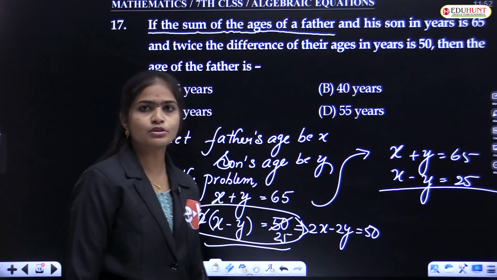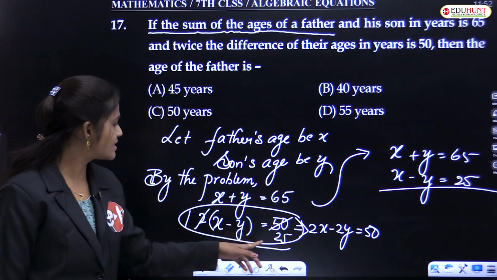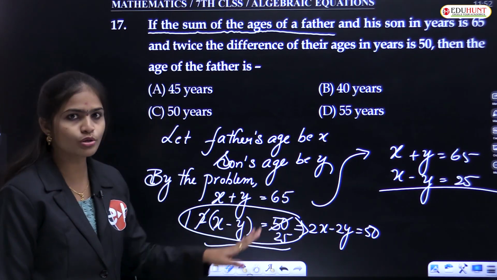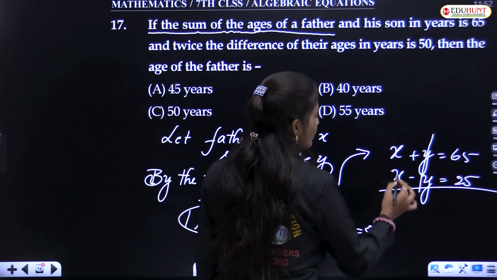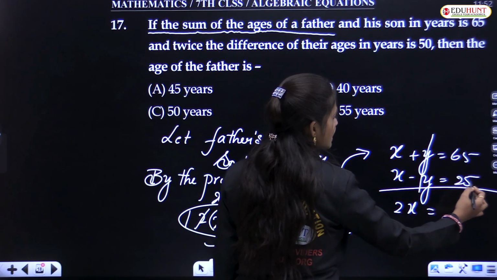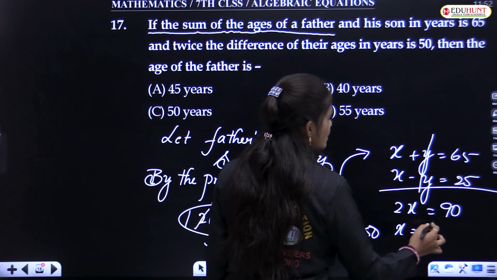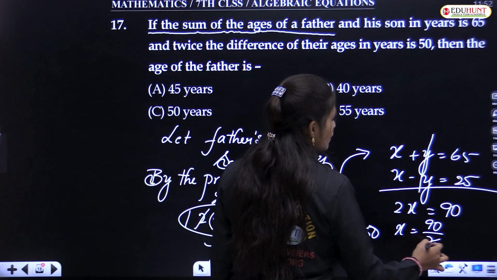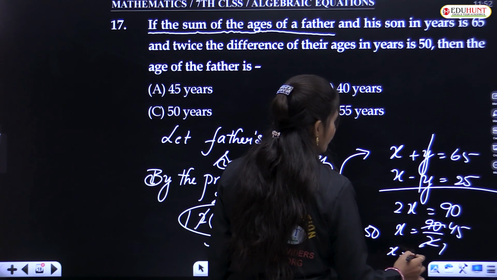Here plus y and minus y get cancelled. So x plus x is 2x, which is equal to 65 plus 25 is equal to 90. So x is equal to 90 by 2, that is 45. So x is equal to 45 years.